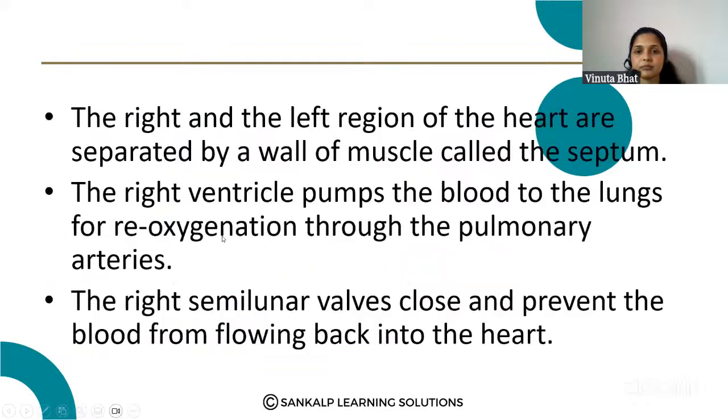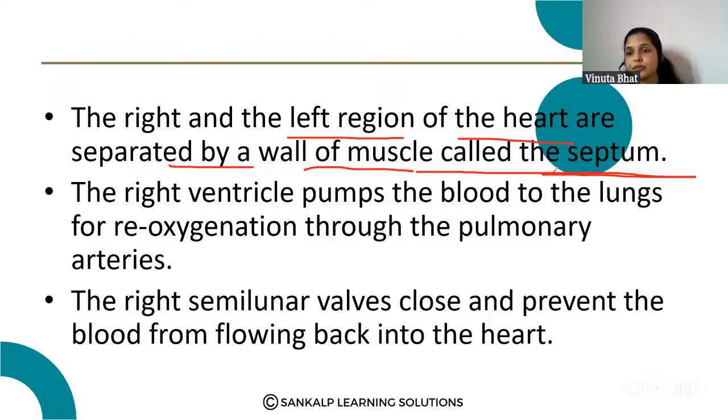First question. The right and left regions of the heart are separated by a muscular wall called the septum, which separates the left and right parts of the heart, and that is helpful for the separation of the oxygenated and deoxygenated blood. The right ventricle pumps the blood to the lungs for reoxygenation through the pulmonary arteries.